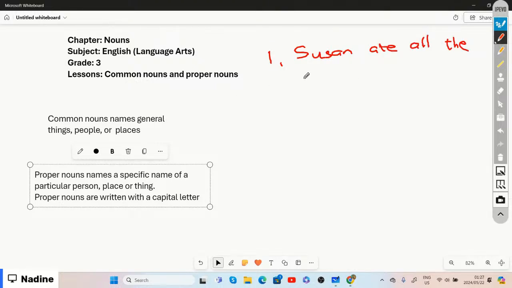so the first one is Susan ate all the cookies. What is the proper noun within that sentence? Susan ate all the cookies. What is the proper noun within that sentence?